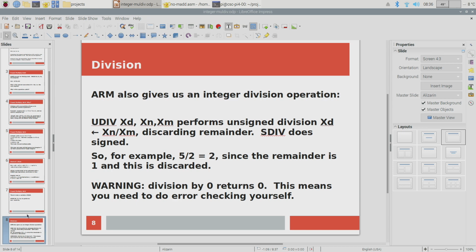Both take one register and divide it by another register as integers, meaning it discards the remainder. So if I did, for example, 5 divided by 2, I would get 2. It should be 2 remainder 1, but this is integer division, so that's it.